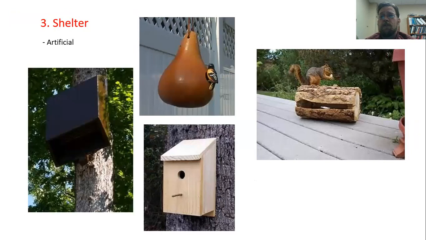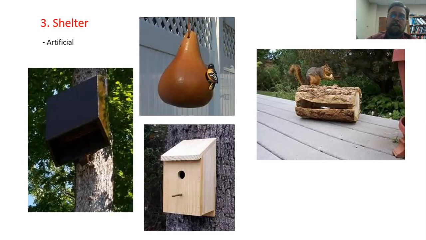Again, choosing plants in your landscape, having a diversity of plants and different plant heights is a really great way of providing natural shelter. Leaving areas with brush near the ground is going to provide areas for ground dwelling wildlife.